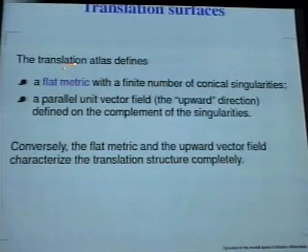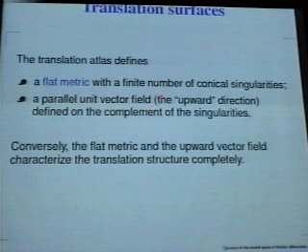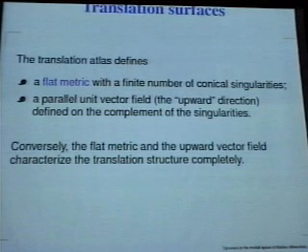So a translation surface is a Riemannian surface with a flat metric, away from the singularities, away from the zeros of the abelian differential, plus this upward direction. And it's not difficult to see that, conversely, if I give you a flat metric and such a vector field, then this describes completely the translation surface.